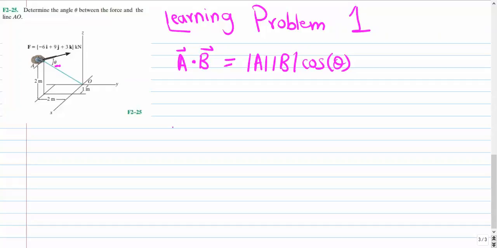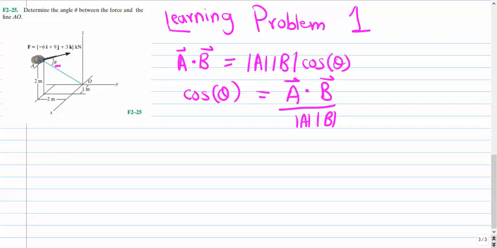There is another way to write down this formula as well, and that new form will make it easier for us to solve this question. If we divide both sides by the product of the magnitudes of both vectors, we get the following form. Notice that this is equivalent to this.